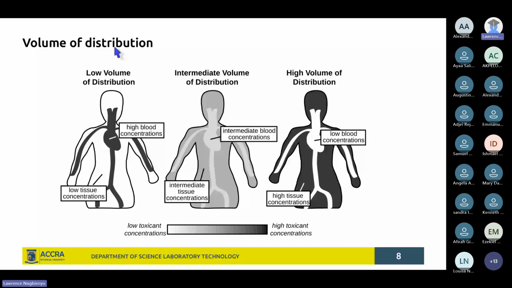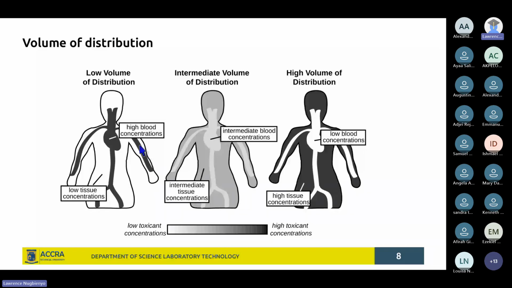Now, when we say volume of distribution, what do we mean? Here too is a ratio of the concentration of the substance in the bloodstream compared to the substance in the tissues.